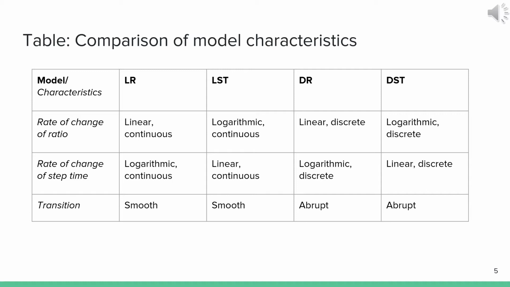And we can see that for the two discrete models, they are both abrupt, meaning the stair-step model will result in abrupt changes in tempo instead of continuous or smooth changes in tempo as seen in the linear models, meaning someone will be walking, and in the linear models, it will be slowly and gradually changing in tempo, whereas the abrupt will all of a sudden change in tempo.